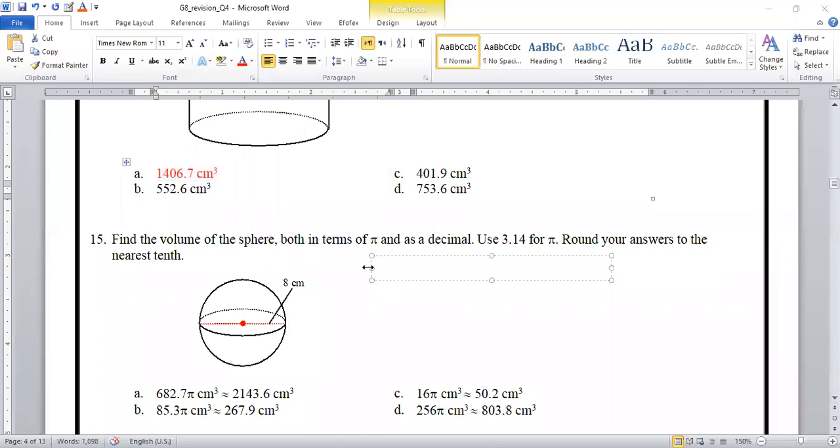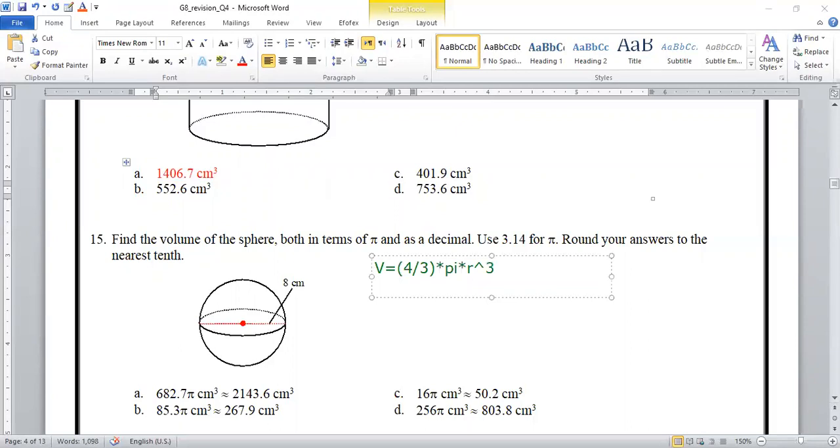The formula of the volume of the sphere equals 4/3 pi r cubed. What's the meaning of r cubed? R times r times r, three times.